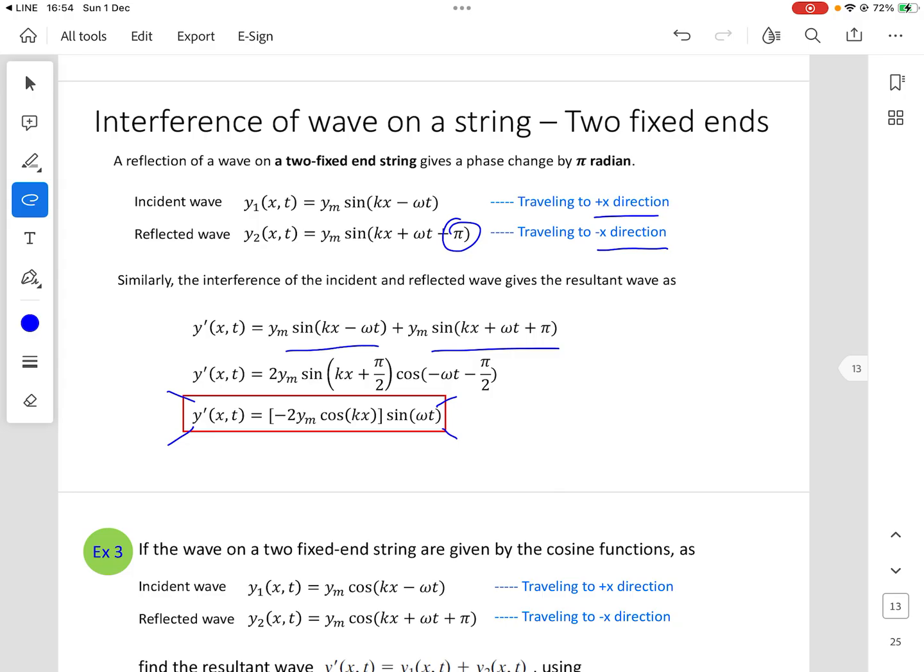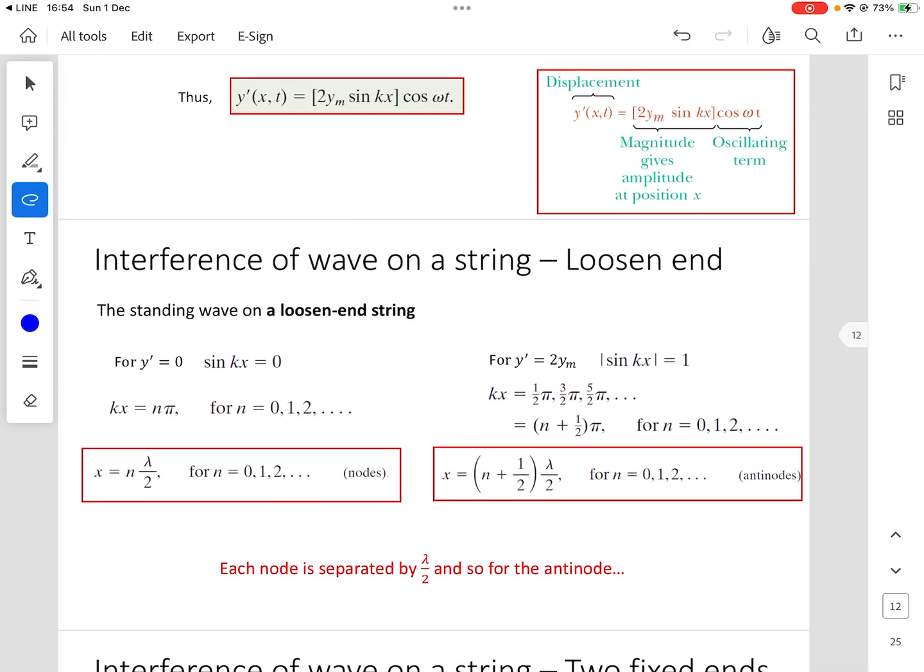Similar to the previous case for the loose end, what you get is not the characteristic of a traveling wave, right? Like I mentioned before, if kx and omega t are not in the same function, this is not a traveling wave, it's a standing wave.